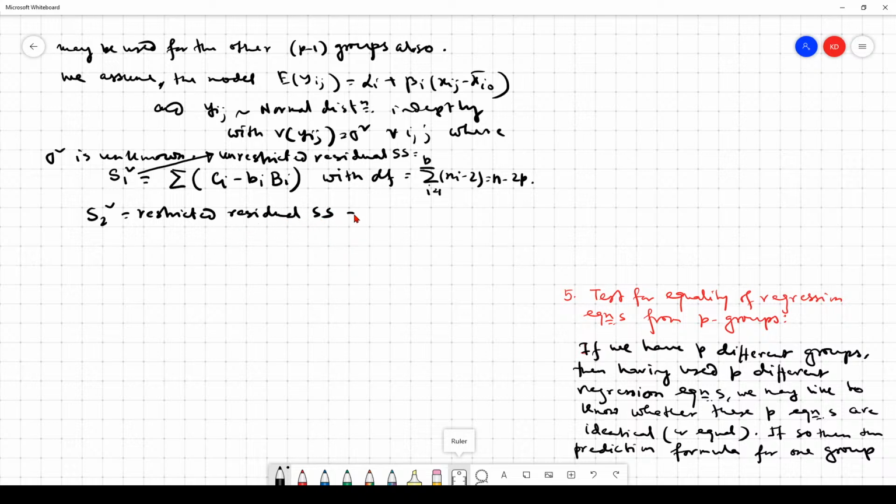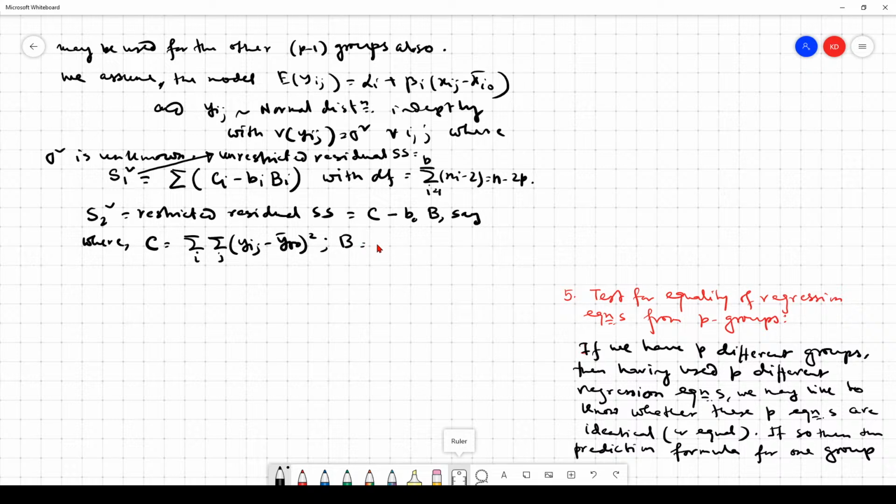And again we can write, just see, C minus B naught the same way, where capital C is equal to sum over ij of Yij minus Y naught bar whole square.